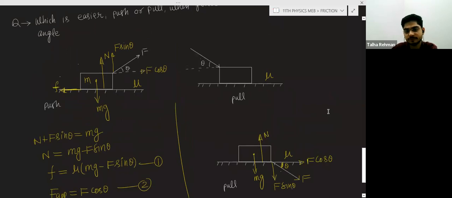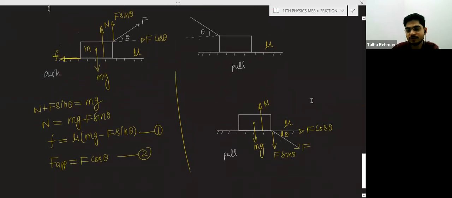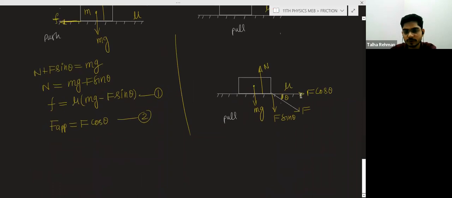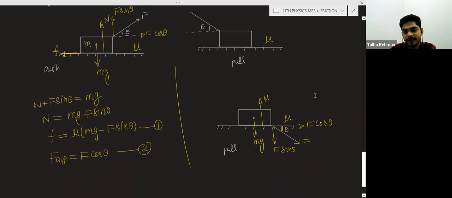Basically, there is no requirement to do the shifting. You can do it here also. You can write the arrow like this also. This component of the force will be F cos theta, and this component will be F sin theta. I have not told you this because I thought you would get confused, but you will get the same thing. So this is F cos theta and this is F sin theta.